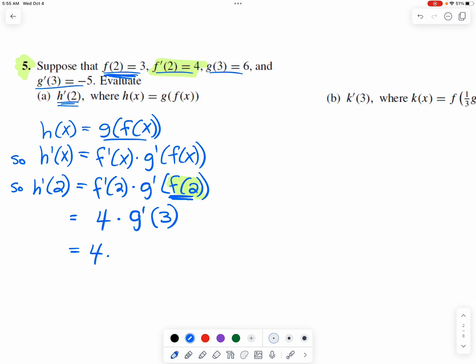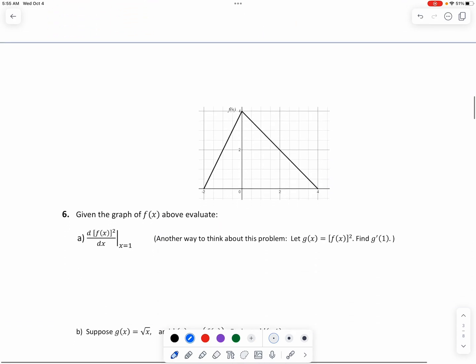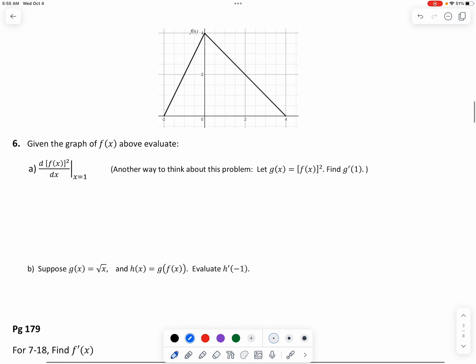It's 4 times g prime of 3, which is negative 5. 4 times negative 5, negative 20. So take the derivative first, express it in terms of the chain rule, and then use the information to get your final answer.